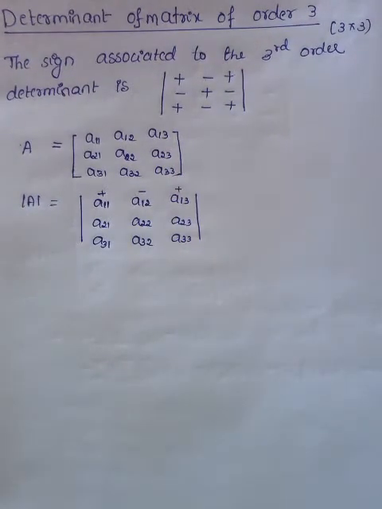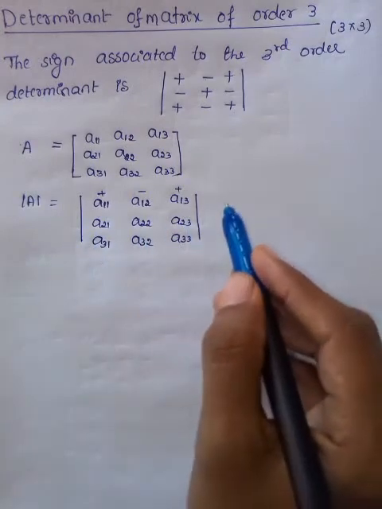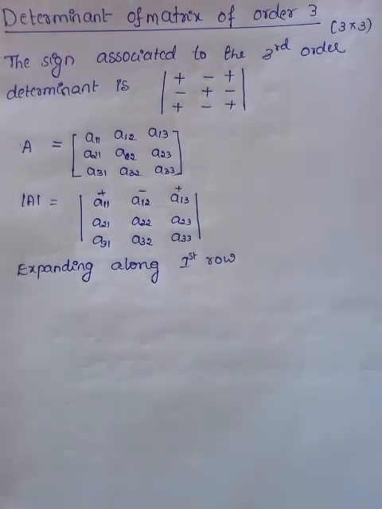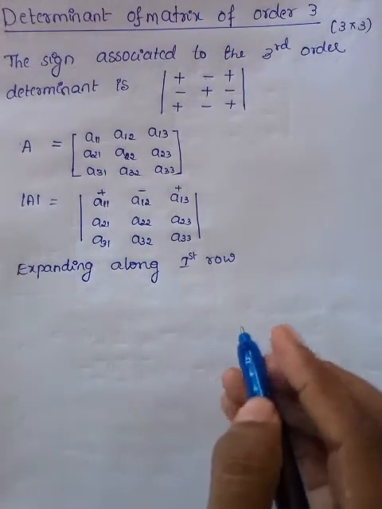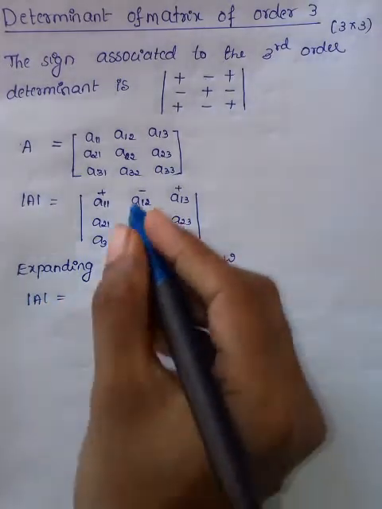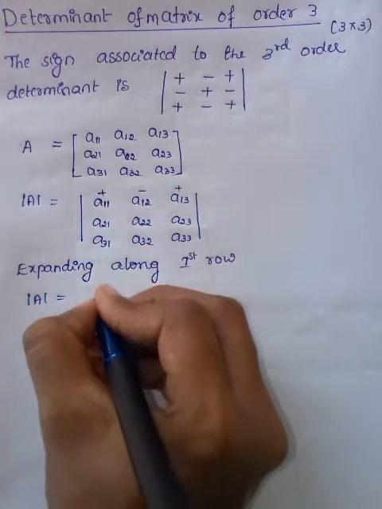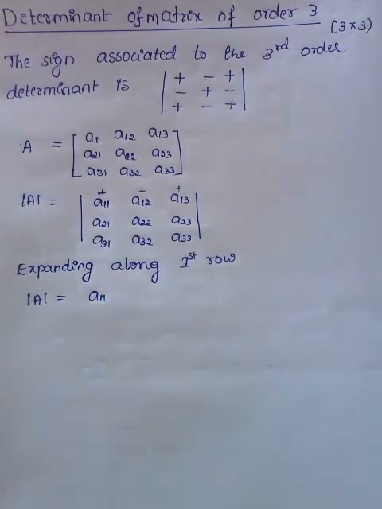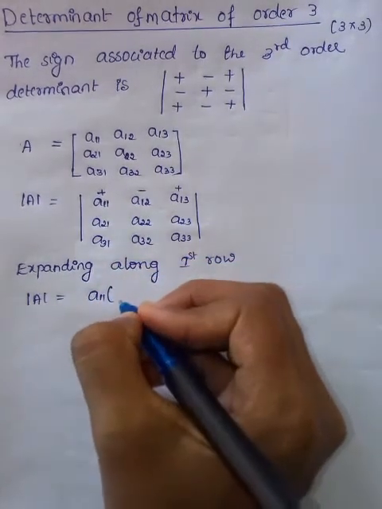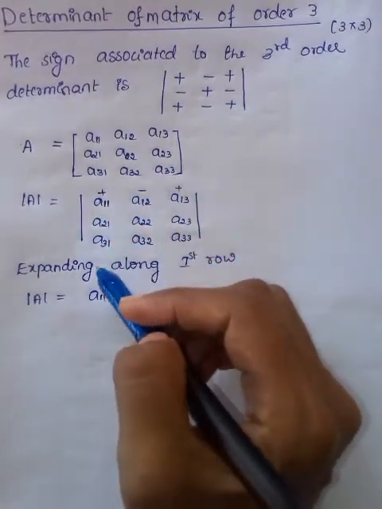Now I will expand this determinant along the first row. Expanding along the first row, determinant of A equals plus A11, since the sign is plus, into... A11 is in the first row, first column.